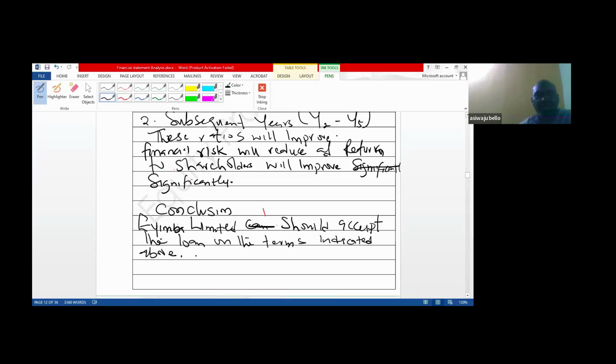An adjustment in dividend policy will provide funds for the loan repayments.